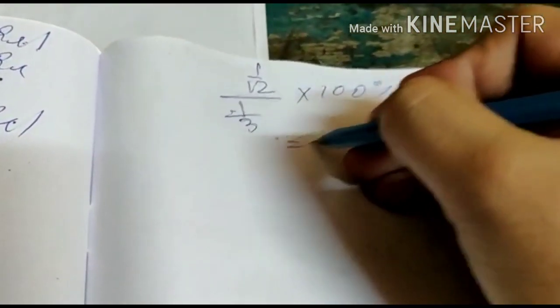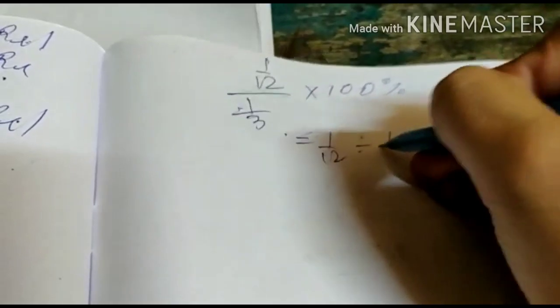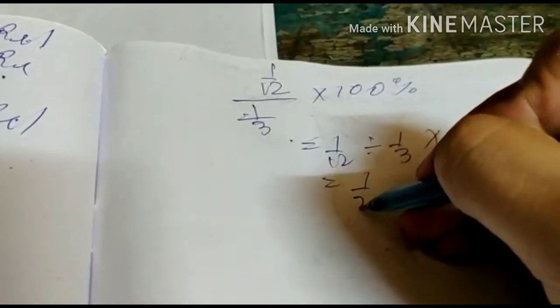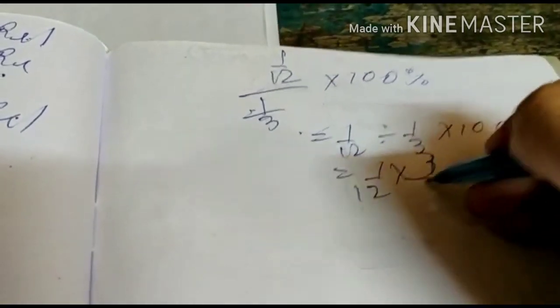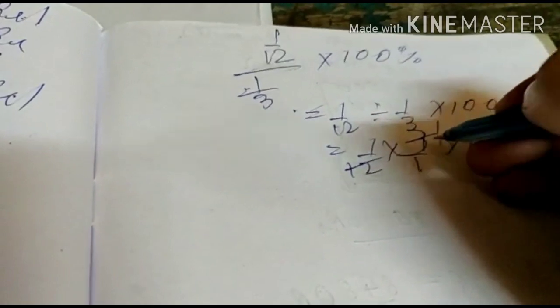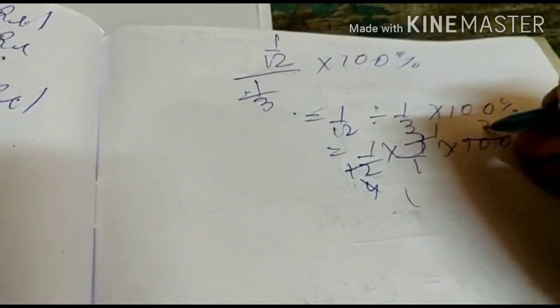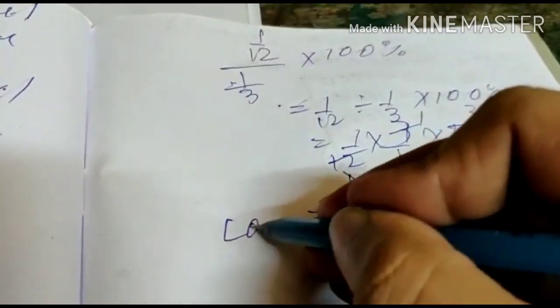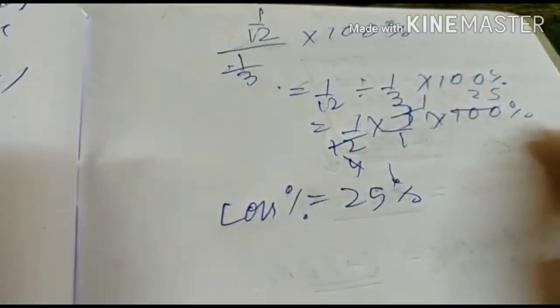Means 1 upon 12 upon 1 upon 3 into 100%. So 1 upon 12 divided by 1 upon 3 into 100%. So 1 upon 12 into 3 upon 1 into 100%. 1s are 4s are 4, 1s are 25s are 25. So 25% is the loss percent.